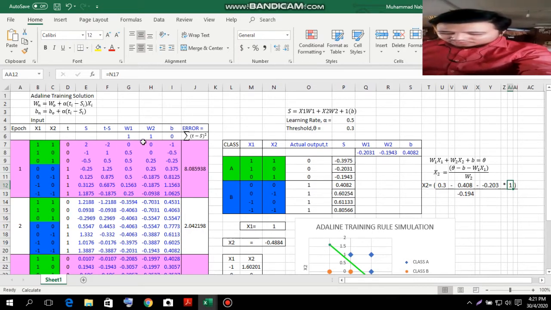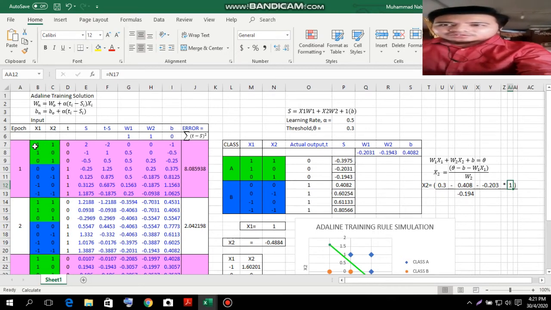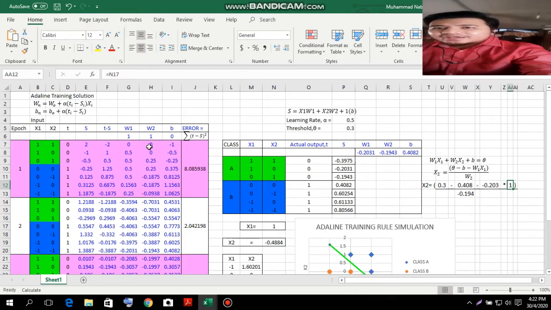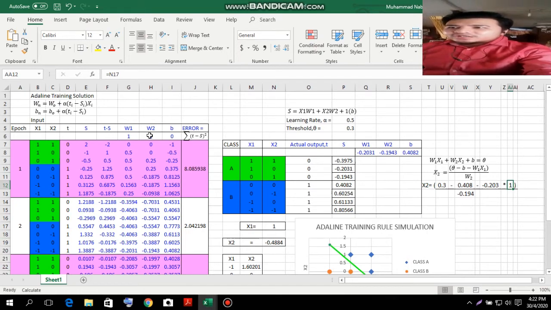So to calculate a new weight, we have to pick the weight from the upper row, which is 1, plus alpha 0.5 multiplied by t minus s, negative 2, and xi, which is 1. Note that the learning rate alpha and the threshold are set to 0.5 and 0.3 respectively.